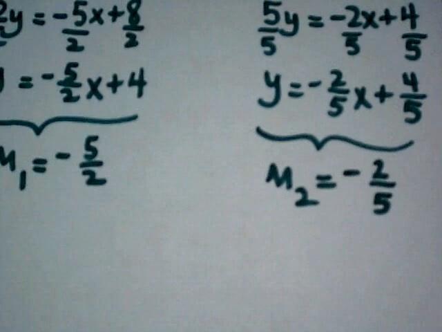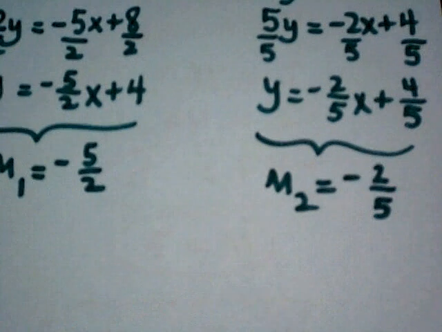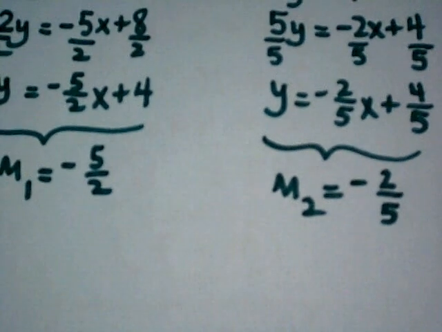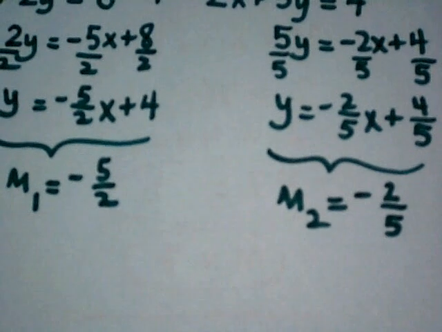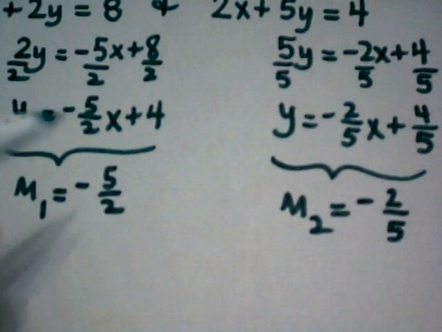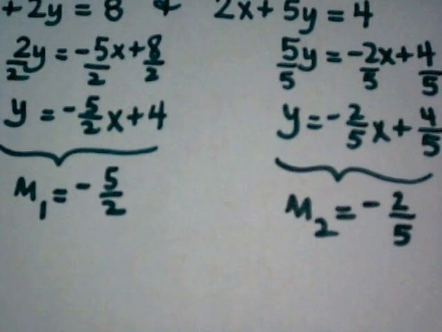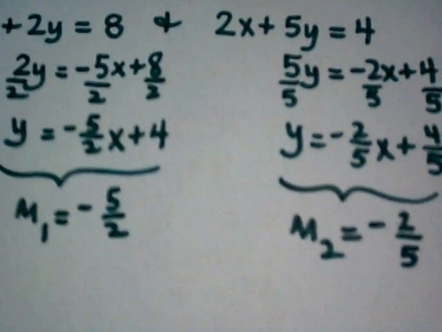Now when I do the comparisons, -5/2 and -2/5, well, they're definitely not equal to each other. Sometimes people think the answer is perpendicular because they look like reciprocals. Well, remember, to be perpendicular, not only do they have to be reciprocals, but they have to be opposite in signs.